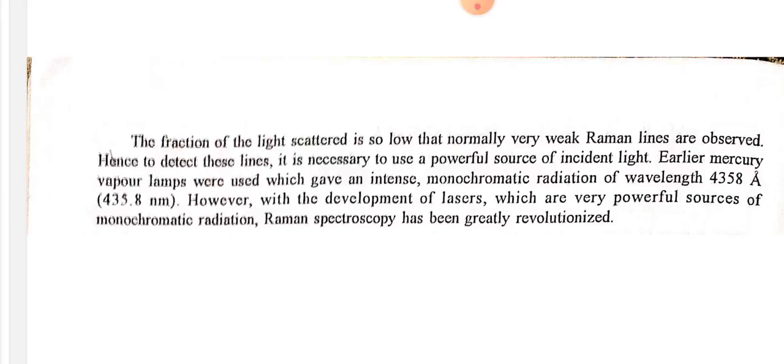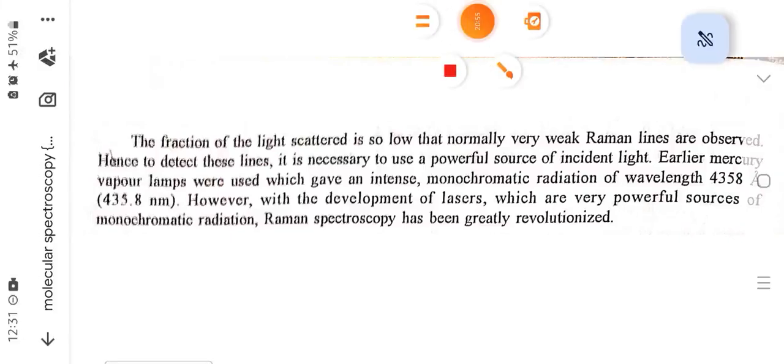Hence, to detect these lines, it is necessary to use a powerful source of incident light. Earlier, a mercury vapor lamp was used, giving an intense monochromatic radiation of wavelength 4358 angstrom, that is 435.8 nanometer. However, with the development of lasers, which are very powerful sources of monochromatic radiation, Raman spectroscopy has been greatly revolutionized.